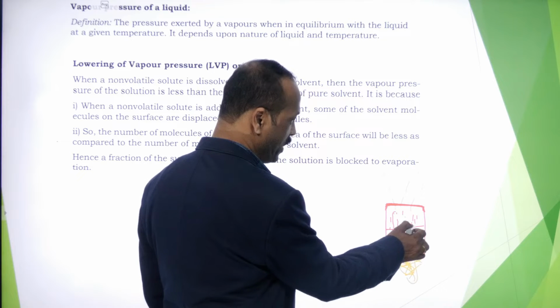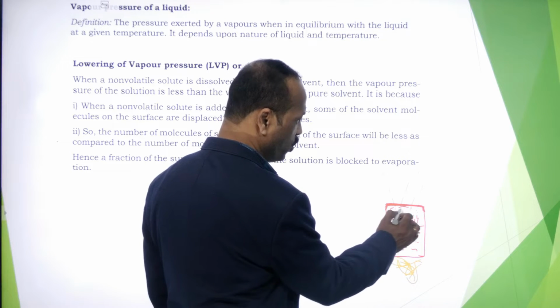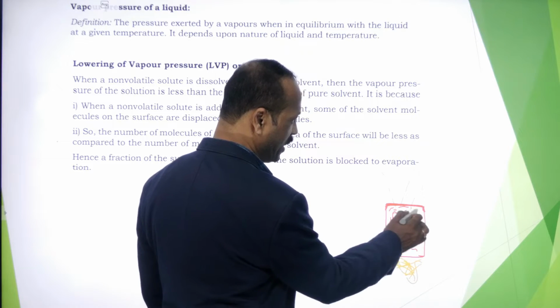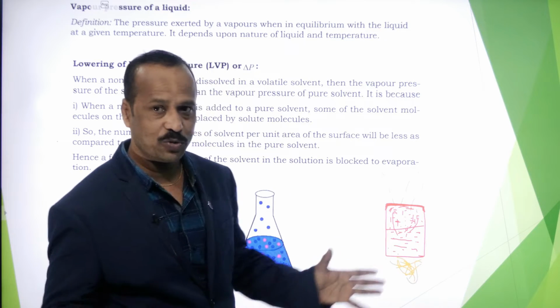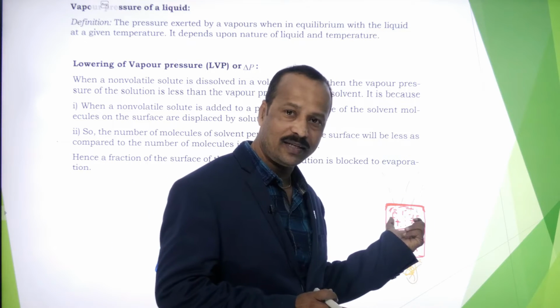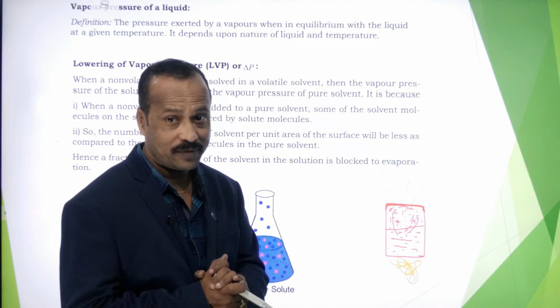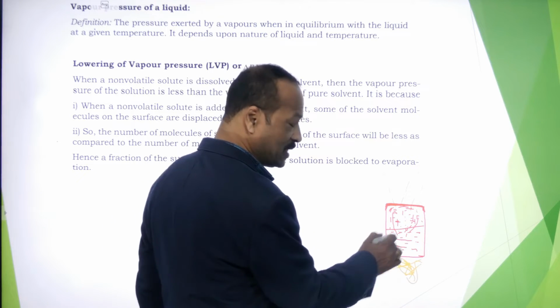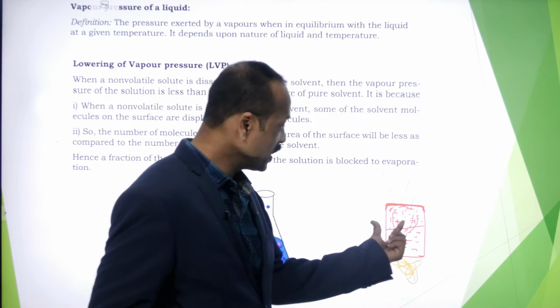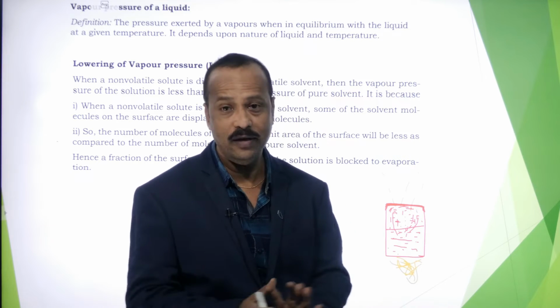Now what happens? The water keeps converting into vapor, and the total vapor is accumulated, gathered here. If you still keep heating, the total empty space is occupied by the vapor.